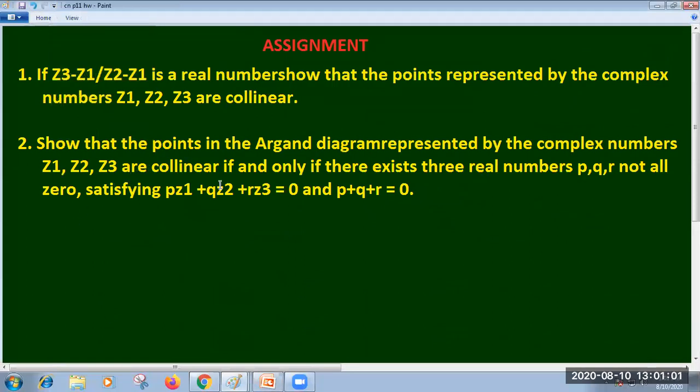Show that the points in the Argand diagram represented by the complex numbers z1, z2, z3 are collinear if and only if there exist three real numbers p, q, r not all 0, satisfying pz1 plus qz2 plus rz3 is equal to 0, and p plus q plus r is equal to 0.